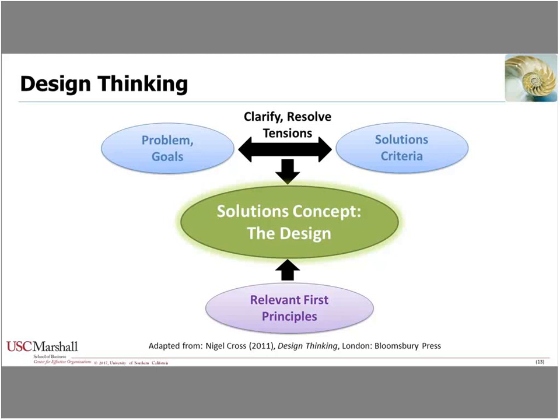Well, in order to do that well, in order to have a really good design, you need to be clear about what the first principles are. And the different points of the star that we just went through, those are first principles.